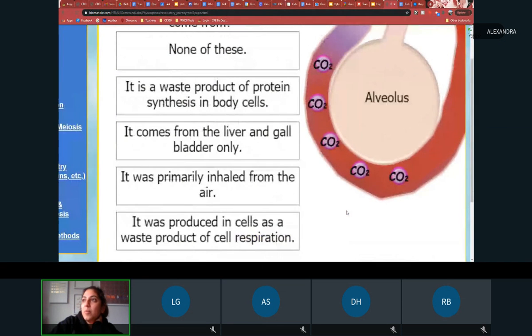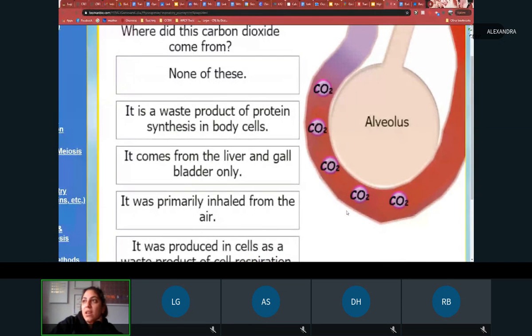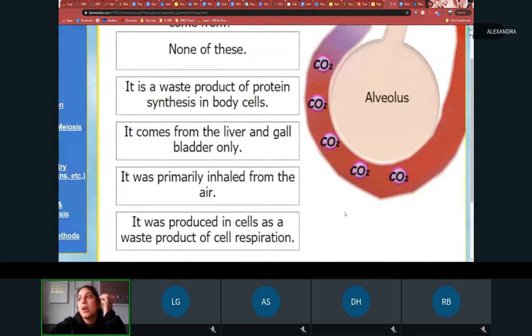Okay, where did this carbon dioxide come from? None of these. It is a waste product of protein synthesis and body cells. It comes from the liver and gallbladder only. It was primarily inhaled from the air. It was produced in cells as a waste product of cellular respiration.